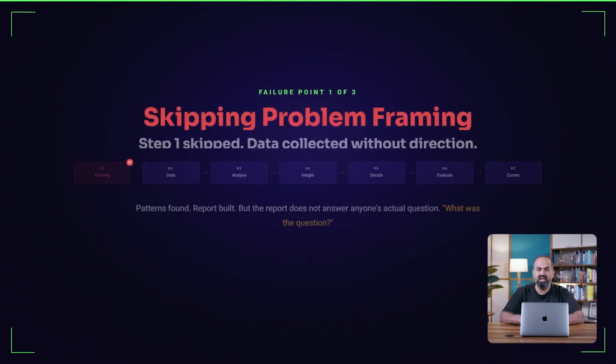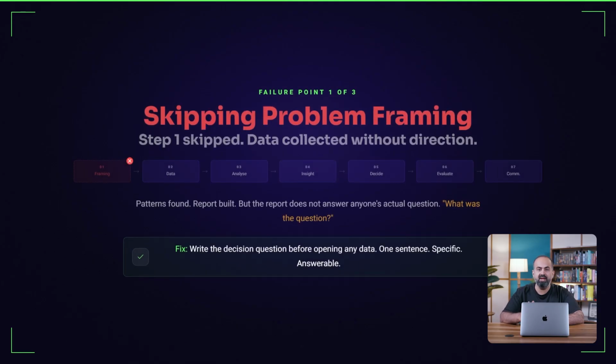Now, the part that matters most for your own work, the 3 most common places the data-driven decision-making workflow breaks down. Failure point 1. Skipping problem framing. Someone opens a data set and starts looking for patterns before they have decided what decision they are trying to support. The result?